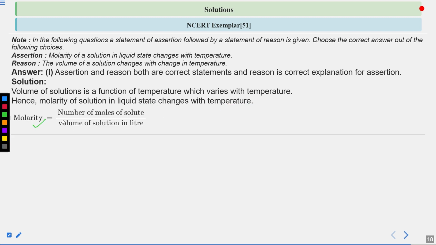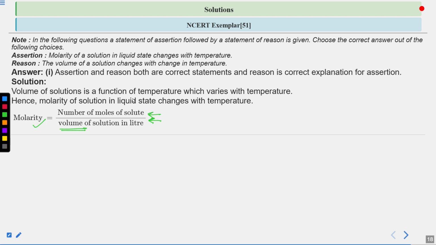because molarity is defined as the number of moles of solute divided by the volume of solution in liters, right? So as you can see, in the molarity formula we are using the volume term. And volume depends upon the temperature, because if you heat the solution, if you increase the temperature of the solution, the volume will change.